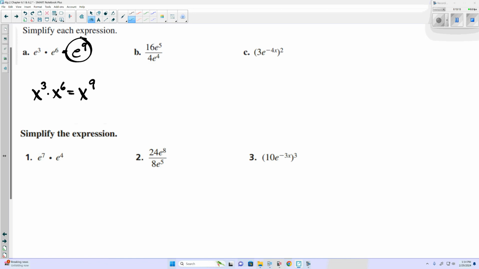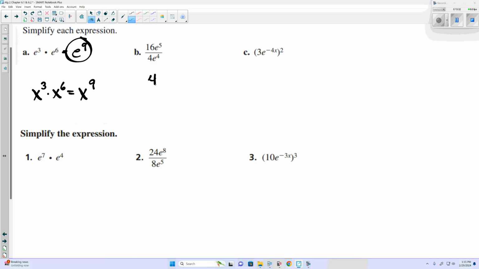Next, 16e to the fifth over 4e to the fifth. Well, we can do some simplifying, yes? 16 over 4 is what? 4, or 4 over 1. e to the fifth over e to the fourth.